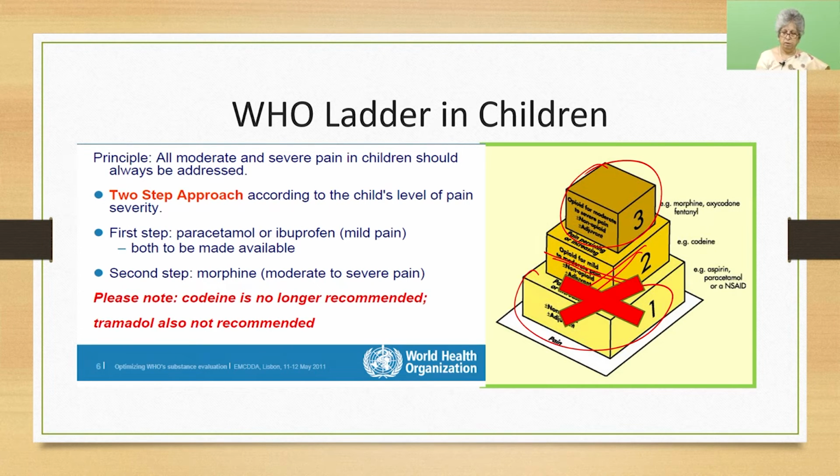In step 1 you can give paracetamol or ibuprofen, both are available. In step 3, if the child has moderate to severe pain, you can give morphine, straight away morphine. So, do not use tramadol and codeine in the pediatric patient.